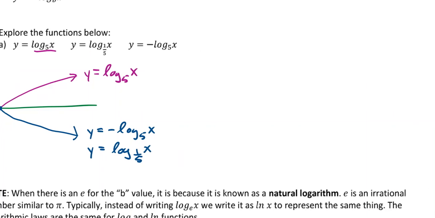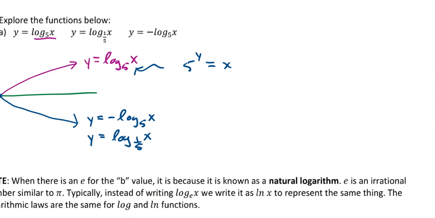And to see why that makes sense, let's rewrite log base 5 of x as the inverse. Well, first off, let's write it as the exponent. So that'd be the same thing as 5 to the power of y is equal to x. So the inverse of that would be 5 to the power of x is equal to y.